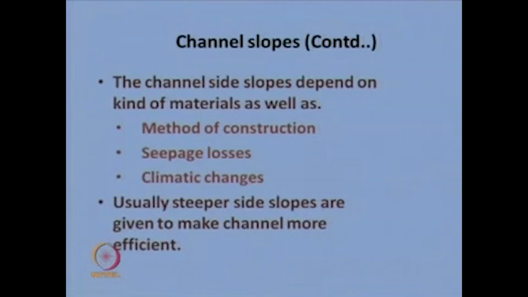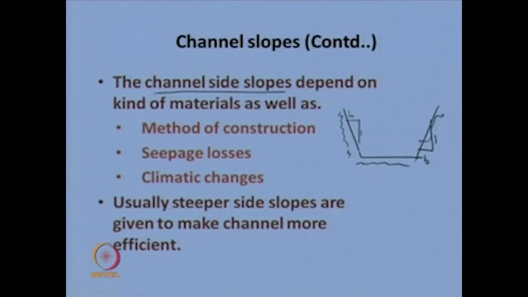In the channel slopes, we suggested that the channel side slopes are also quite important. The channel side slopes depend on the various kinds of materials. You have seen that you can use different types of materials for construction of channels. So, based on the materials, one may have to adopt the side slopes. In the side slope, this ratio 1 is to something.